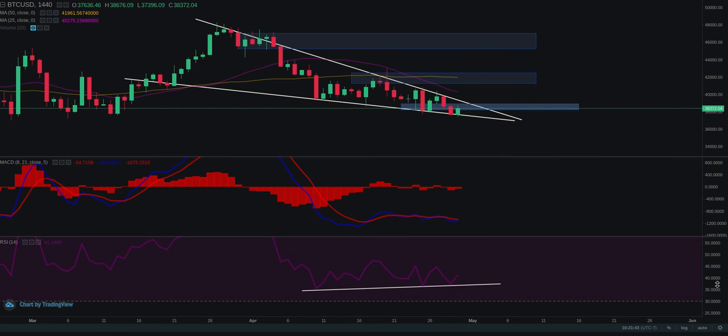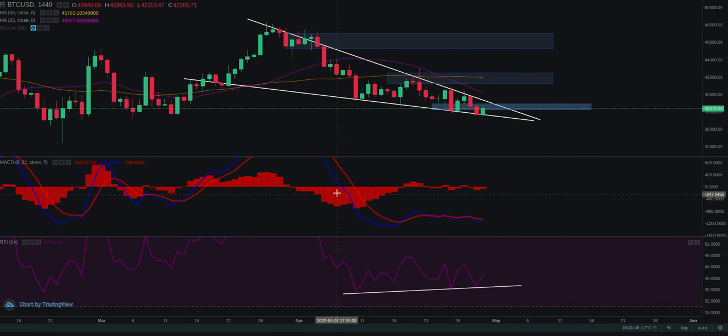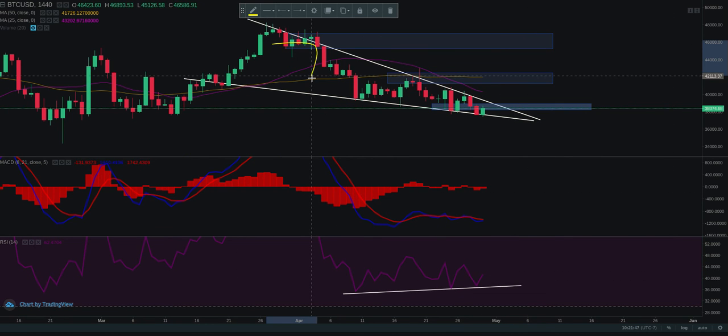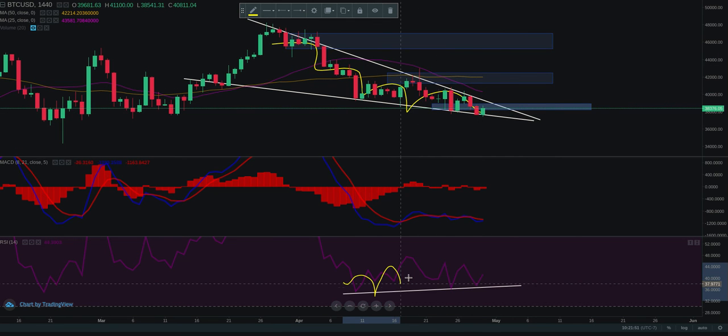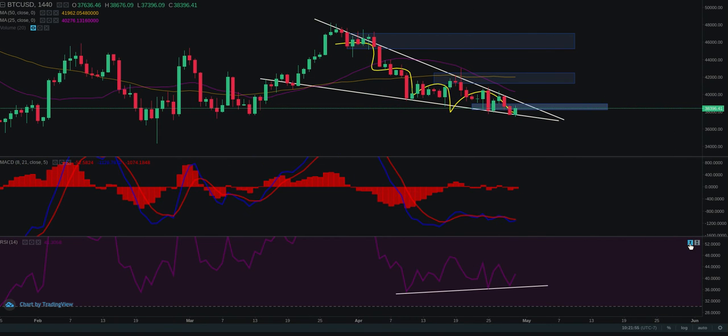So that's where I'm saying, the price going down on the daily plus the RSI going up is creating that.